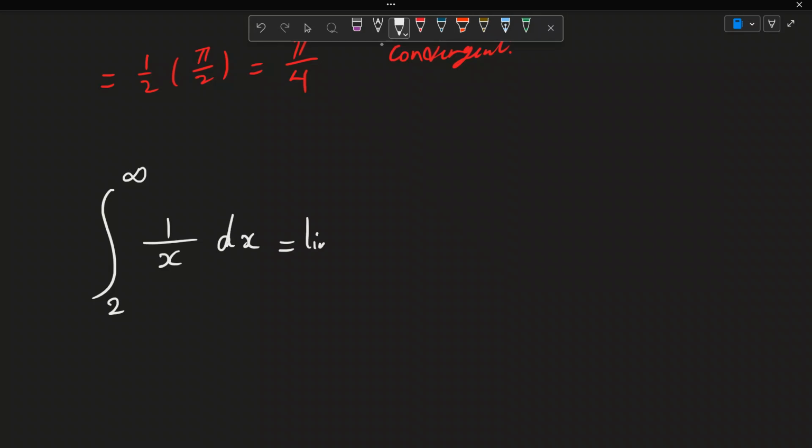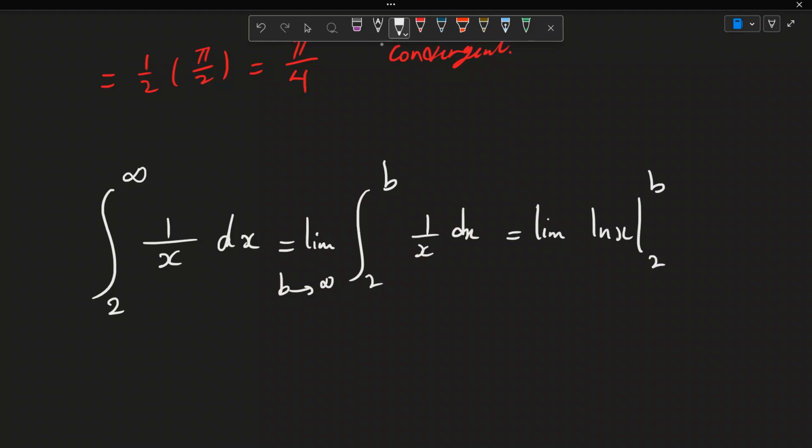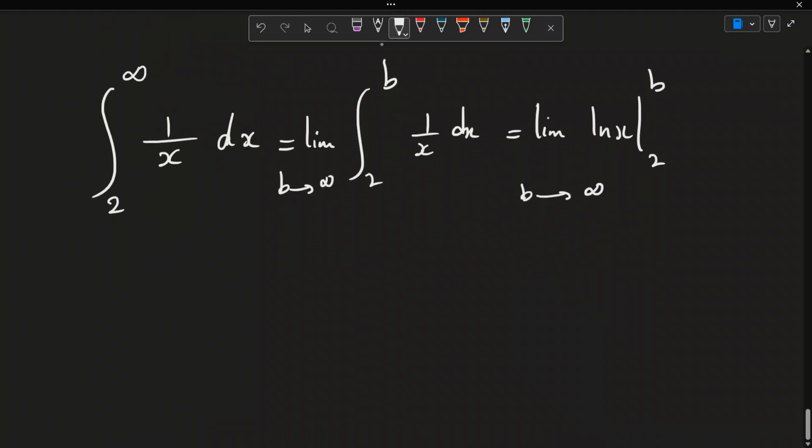Then I need to write the limit, 2 to b, b approaches infinity. Integral of 1 over x ln x from 2 to b when b approaches infinity. And this is the limit of ln ln b when b approaches infinity, upper limit, minus ln ln 2.